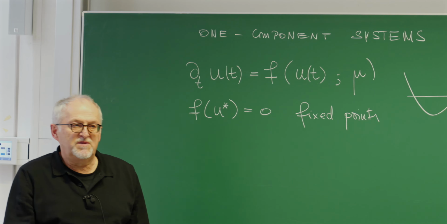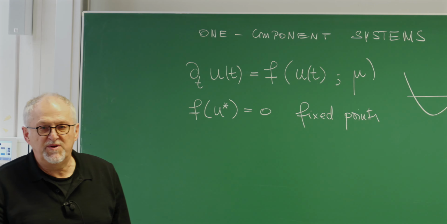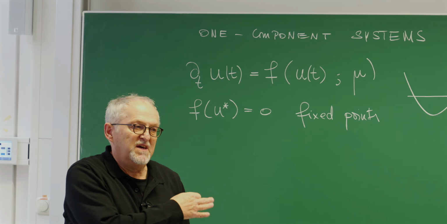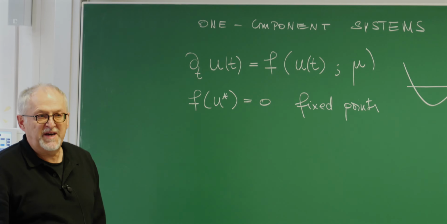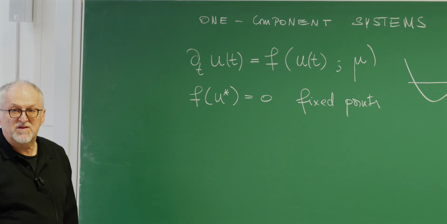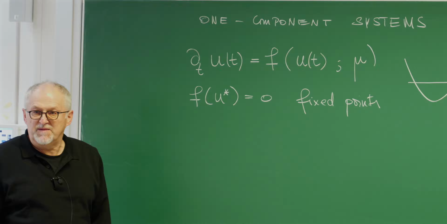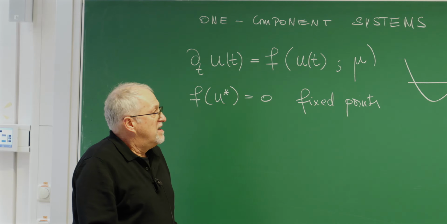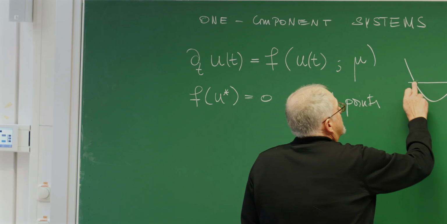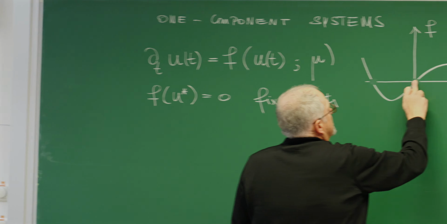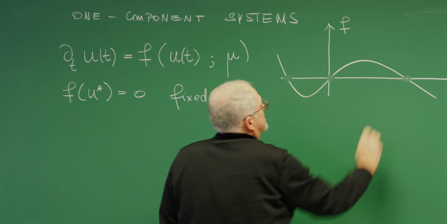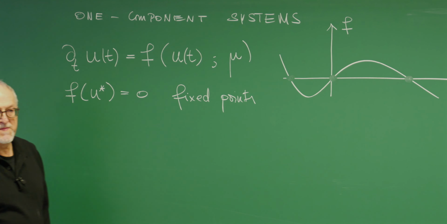You could also call them equilibria or reactive equilibria, but that depends on context. Here, for our general mathematical discussion, let's just call them fixed points because they're steady states of the nonlinear dynamics. And those are obviously those 3 points here that are the zeros of that function, right?